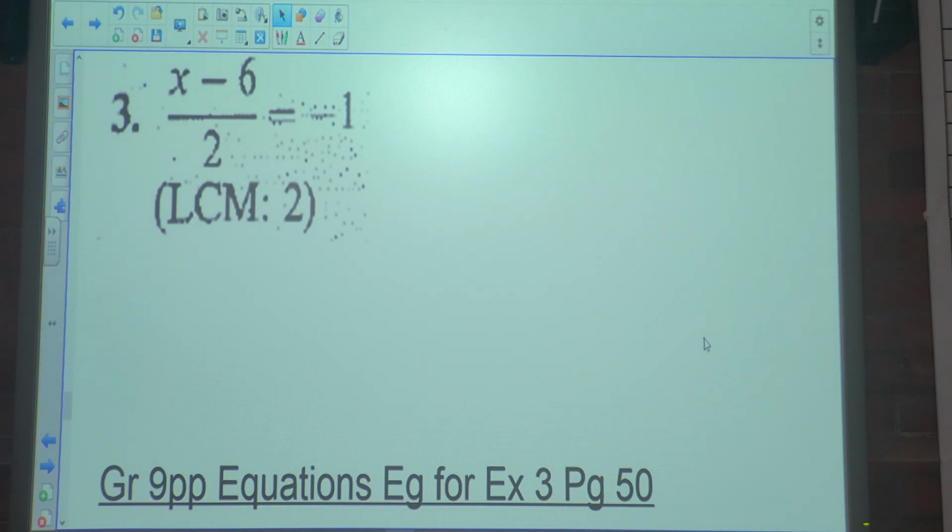Do that sum for me quickly. Right, so LCM is 2.